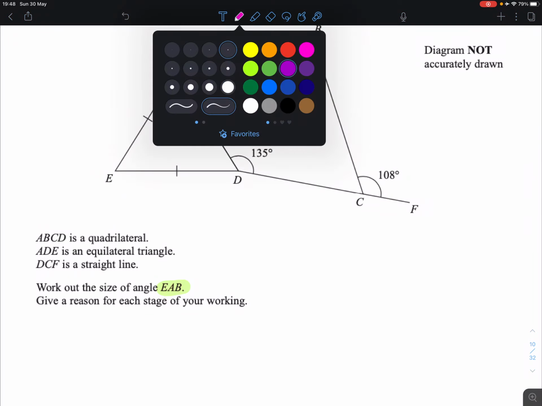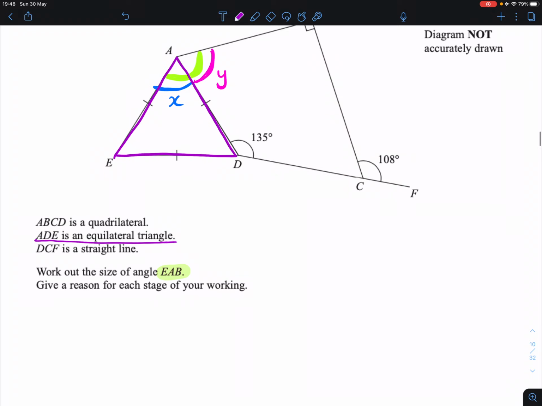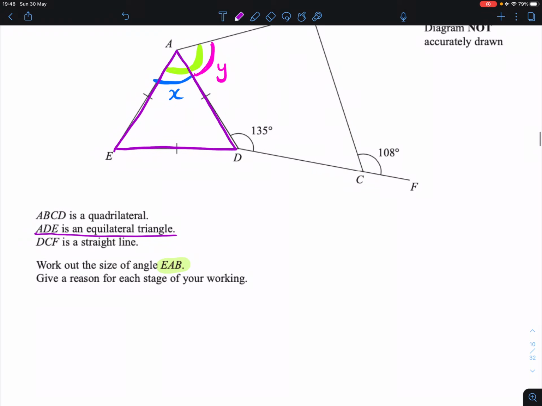In triangle AED, not only do we have the markings for this, but we are also told that it is an equilateral triangle, which means all of the angles are the same. All of the angles are 60 degrees. Now technically you can just quote that X equals 60, all right? But if you wanted to actually make the statement, you could say 180 divided by 3 equals 60.